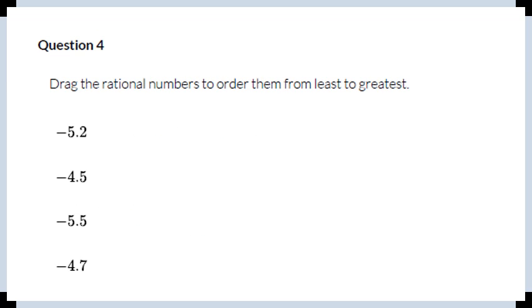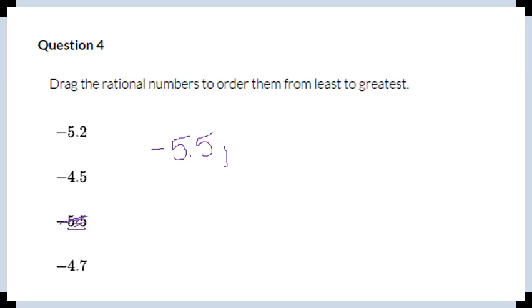Okay, drag the rational numbers in order from least to greatest. So remember, when you're looking at negative numbers, it's pretty much flip-flop from what you're used to seeing with positive numbers. So the biggest number here would be 5 1/2, but because it's negative, that makes it the least. So that one goes first.